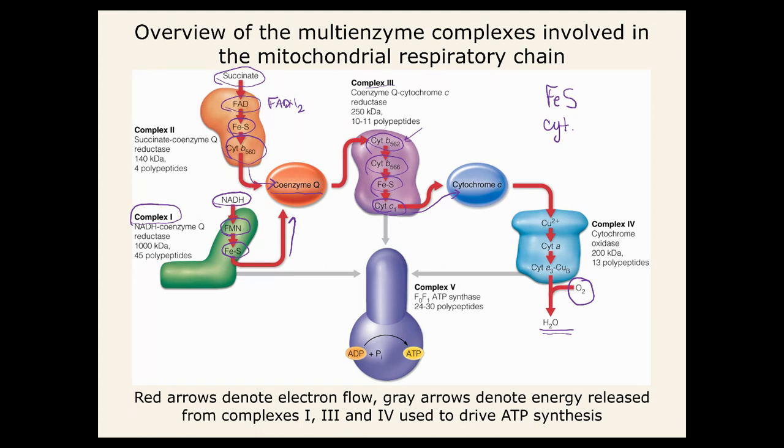Because FADH2 comes in at complex 2, as its electrons flow through here, it won't have as much energy to give, and we'll talk about that later. In other words, you're going to get less ATP from FADH2 because it comes in later in the electron transport chain. But hold that thought.